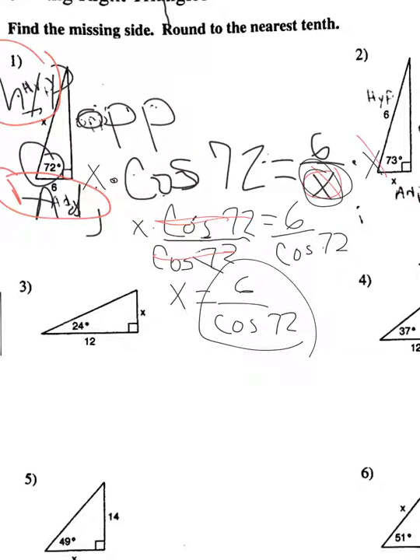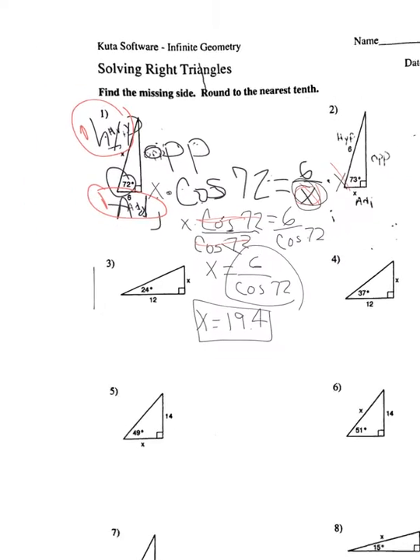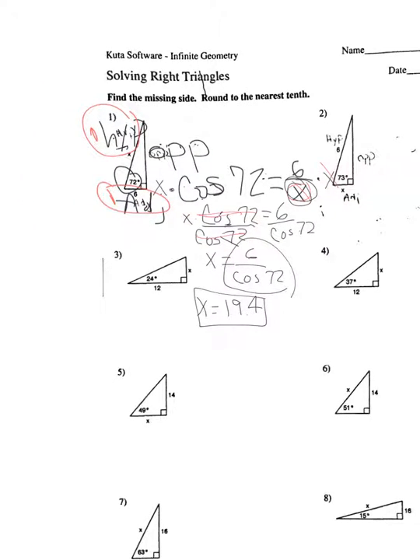You're simply going to do 6 divided by, hit trig, choose cosine, COS, type in 72 into the parentheses and enter. And when you divide that, you get, this homework goes to the nearest tenth, and just to make it easy, I'll stick with that for now, 19.4. So that is the missing side, way over here, that you should get, okay?